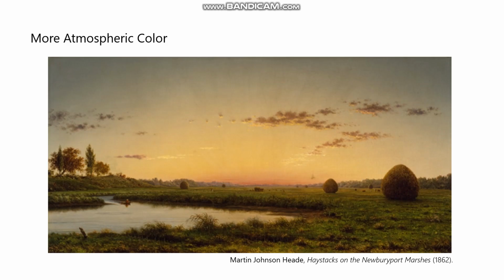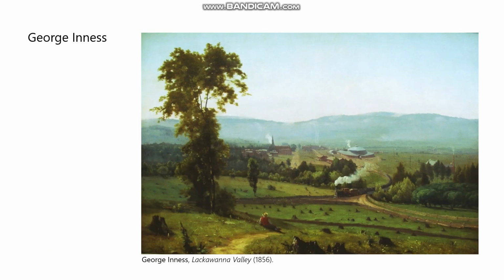I do love Heade, great American painter, and you can really see a deep understanding of atmosphere and of ambient color. Here's a great example by George Inness, another great American painter, and you can really feel the deep distance and how much the atmosphere is a part of that distance, right?